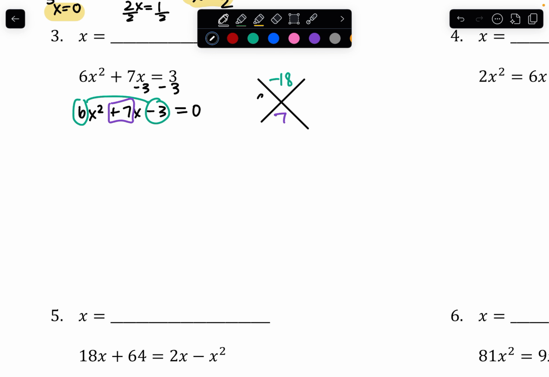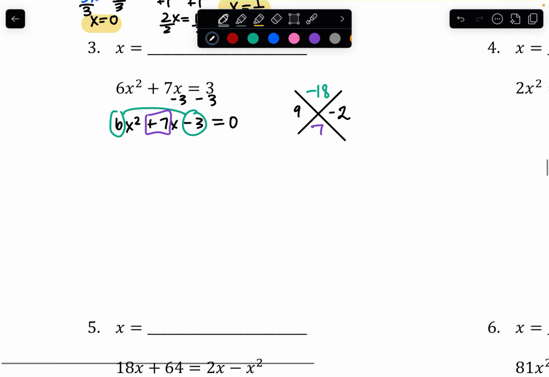And so that would be 9 and 2, and make the 2 negative. Okay, and so we split our middle term into 9x and -2x. Bring down your -3, bring down your 6x squared.